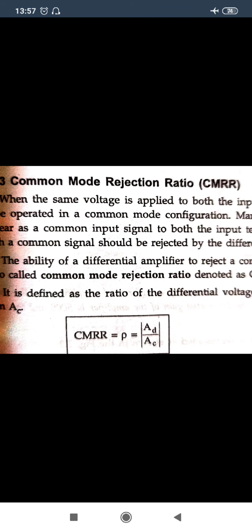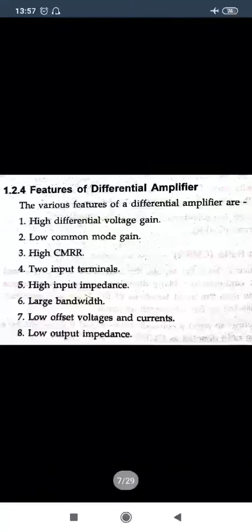The ability of the amplifier to suppress or reject these common mode signals is called the common mode rejection ratio. CMRR is equal to differential gain divided by common mode gain. When the common mode gain is 0, 1 upon 0 is infinite, so CMRR is nearly infinite, but in practical circuits it is not infinite; it is generally a high value.